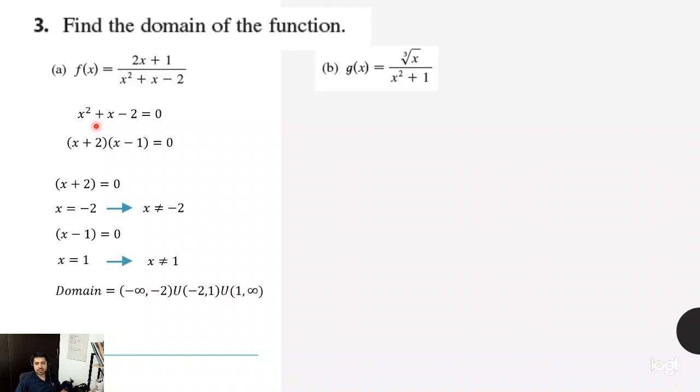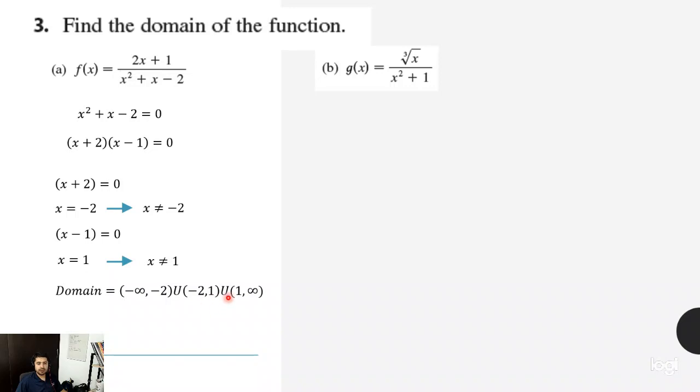Then we can present that the domain goes from minus infinite to minus 2 open, to symbolize that this is open. So we get minus 2 with a parenthesis, not a square bracket. Then we have the union from minus 2 to 1, open parentheses, because you cannot use them.